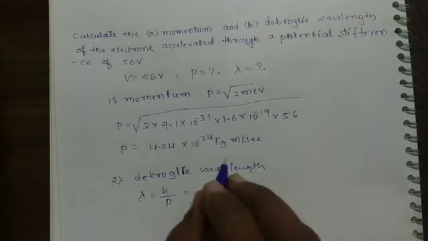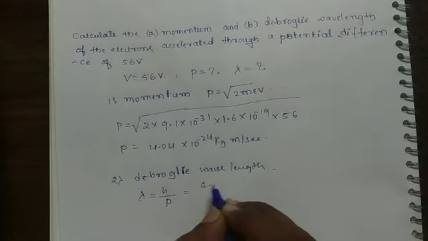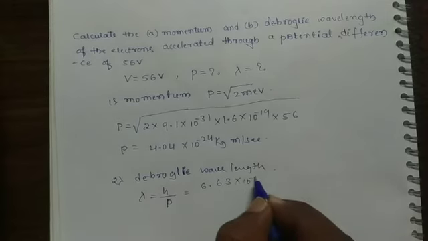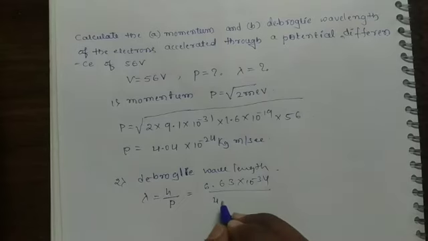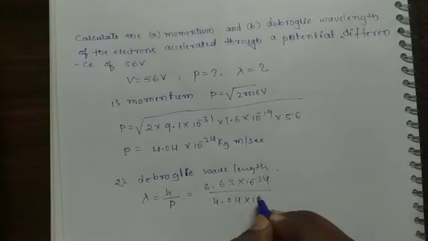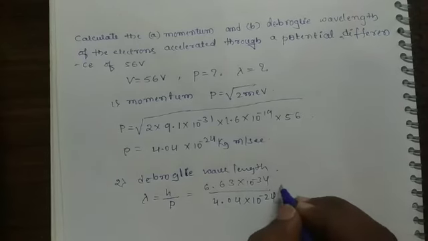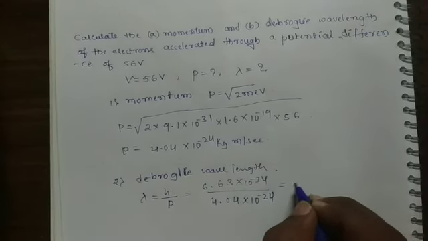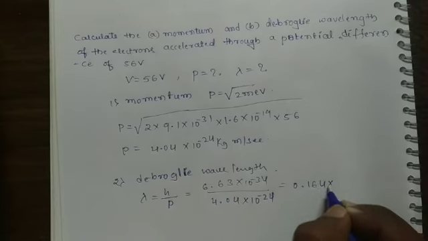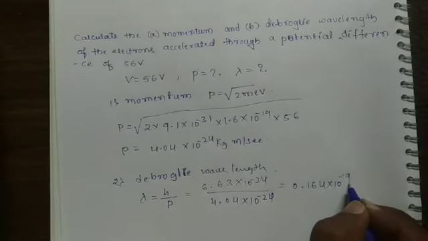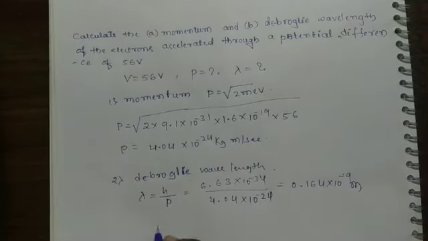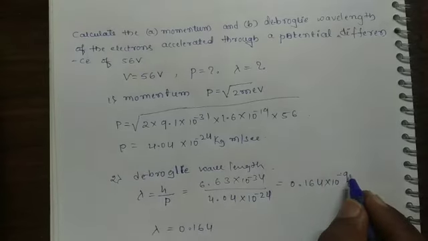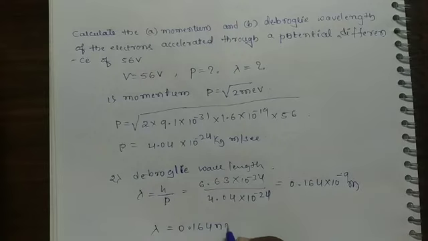We already found the momentum, so h is 6.63 × 10^-34 divided by the momentum 4.04 × 10^-24. After simplification we get 0.164 × 10^-9. The SI unit of lambda is meter. So finally lambda is equal to 0.164 × 10^-9, which means nanometer.